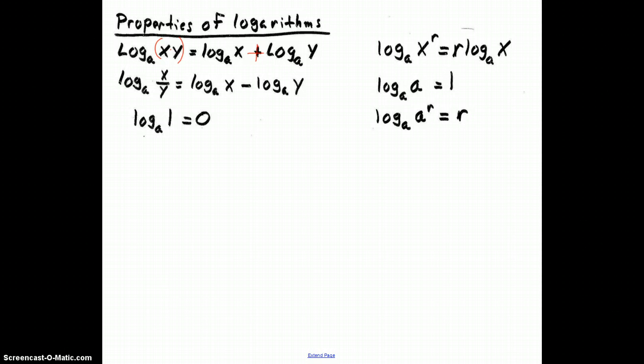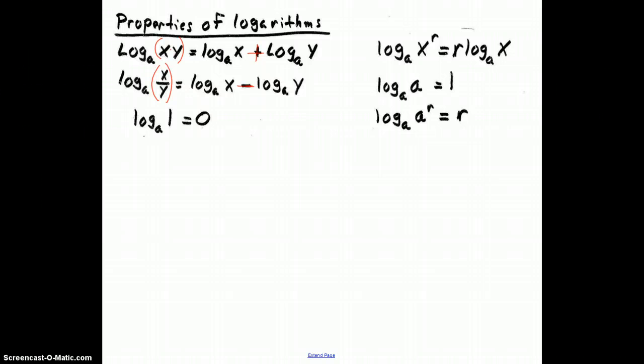You keep the same base for both: log base a of x times y becomes log base a of x plus log base a of y. The next property: when you are dividing two quantities inside a logarithm, those separate into log base a of the numerator minus log base a of the denominator.